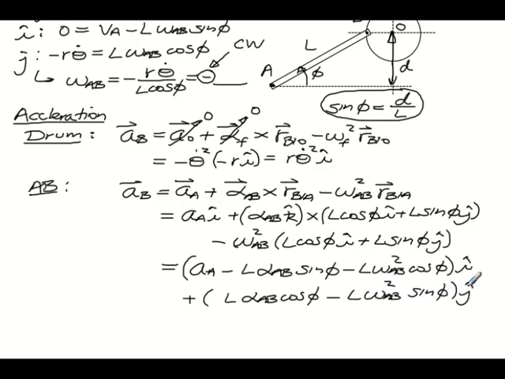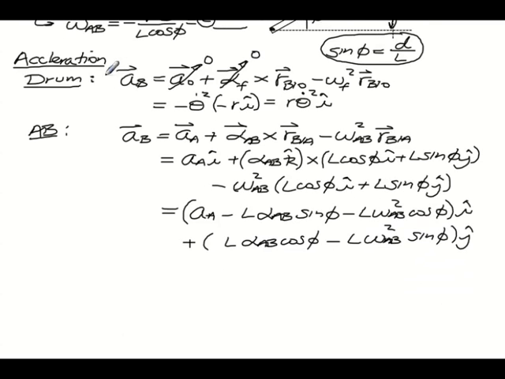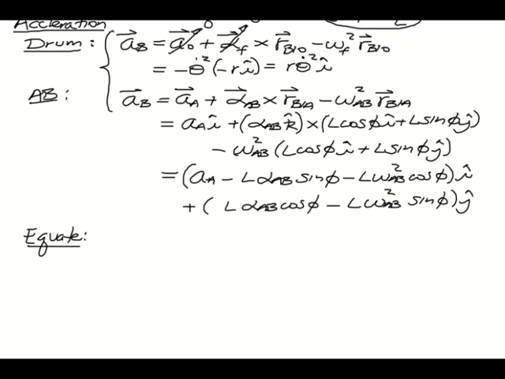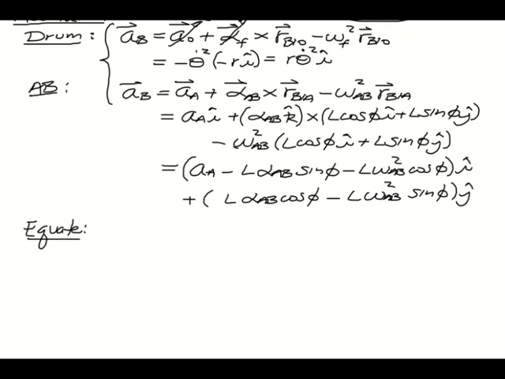So just as before, when we did the velocities, we had two expressions for velocity B. Here we have two expressions for the acceleration of B. They have to be the same. So if I equate these and balance out my coefficients, I'm going to have an equation for i and an equation for j.